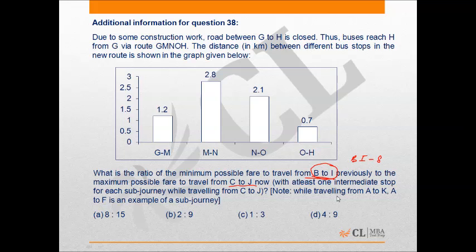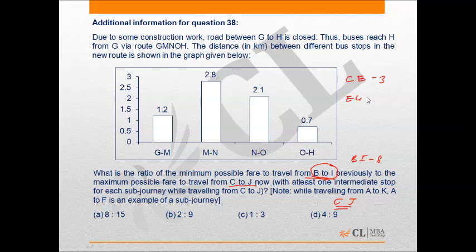And now we have to find the maximum possible fare that one has to pay to travel from C to J. As we did in the previous question, in order to maximize the fare we need to buy as many tickets of rupees 3 as possible. In that case, the first ticket that we need to buy is C to E. It would cost us rupees 3.